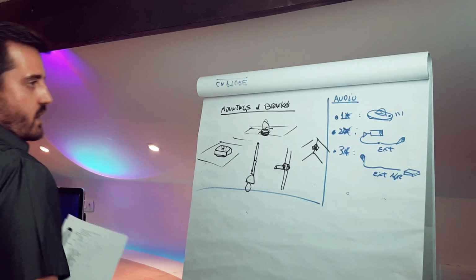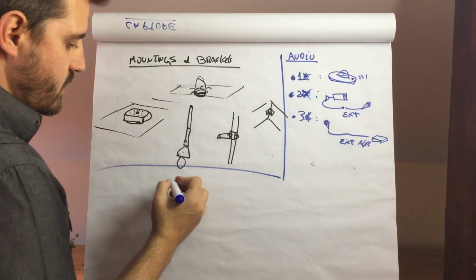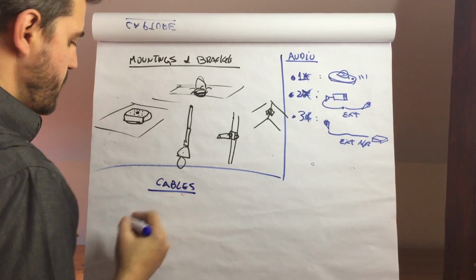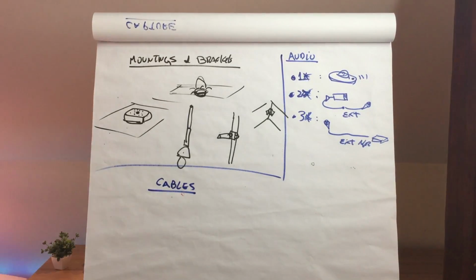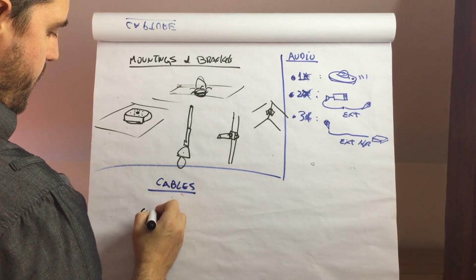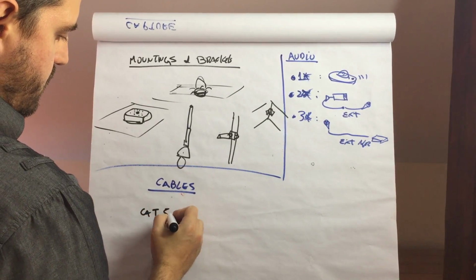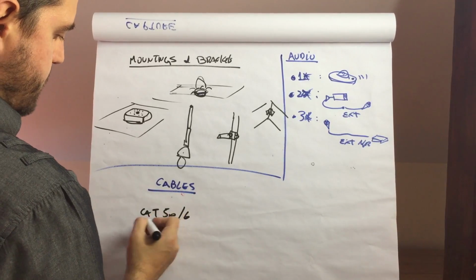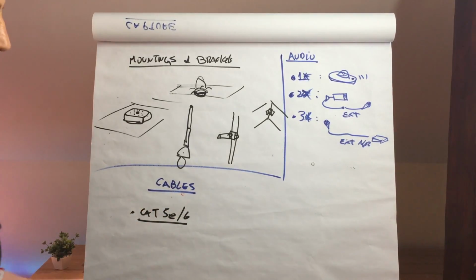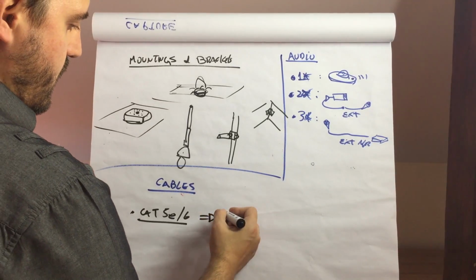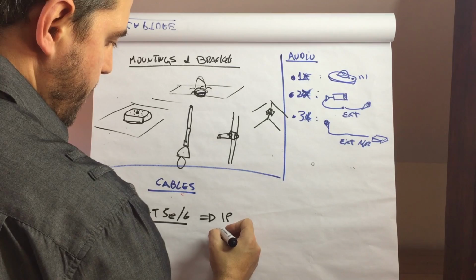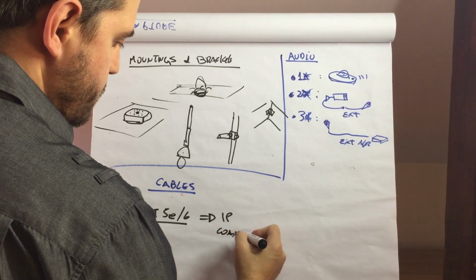Okay, in the last part of the capture, let's talk about cables. So cables, we have Cat 5e, Cat 6. That will be the most used type of cables for IP or for coax with baluns.